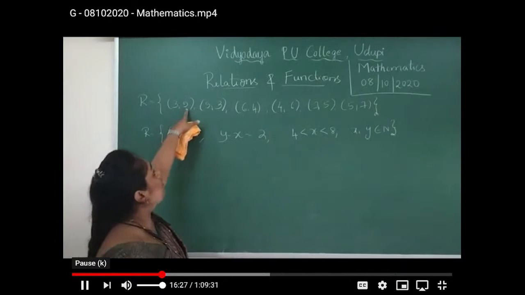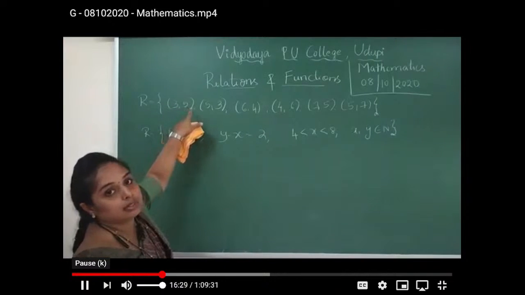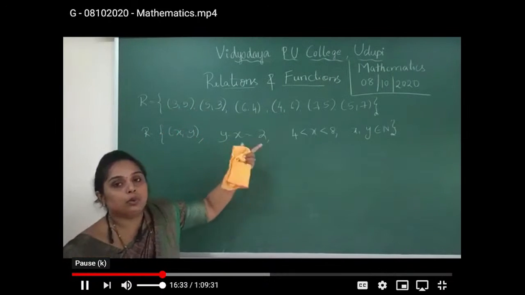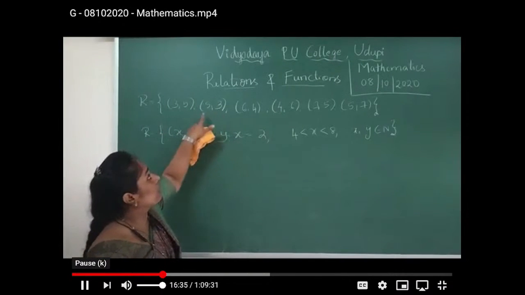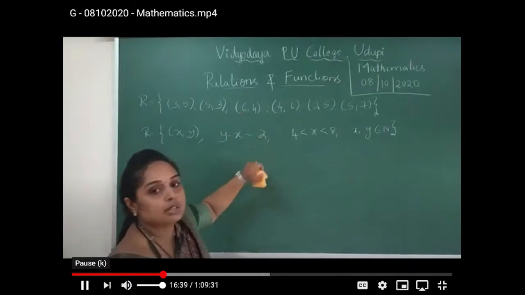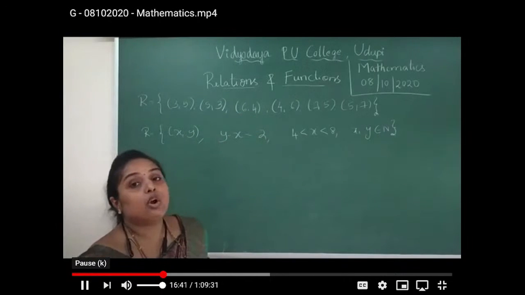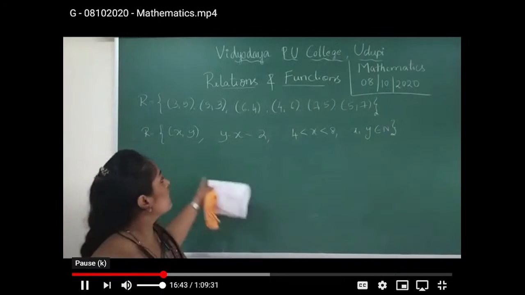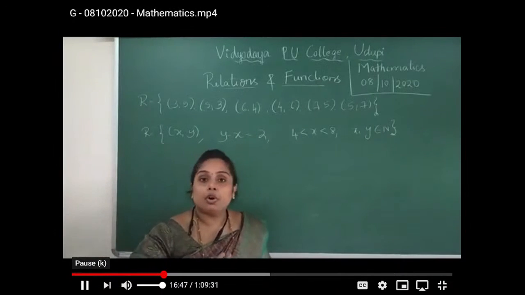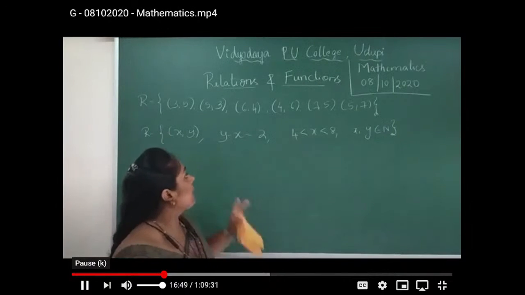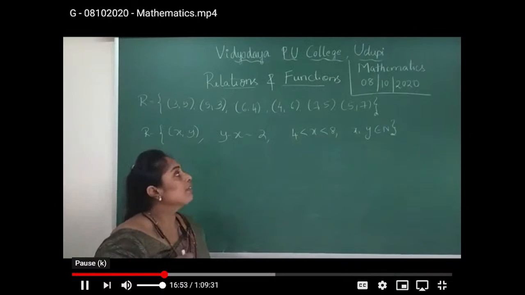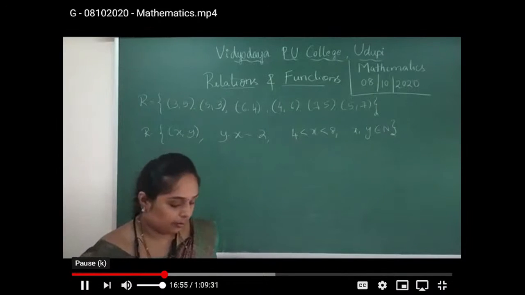Y minus x means second element minus first element. 5 minus 3 is 2, it's satisfying. But 3 minus 5 is minus 2, and 4 minus 6 is minus 2. So once again, not always. All the elements are not satisfying this relation. Here y minus x is not always 2, sometimes it is minus 2. So even the second option is not correct.